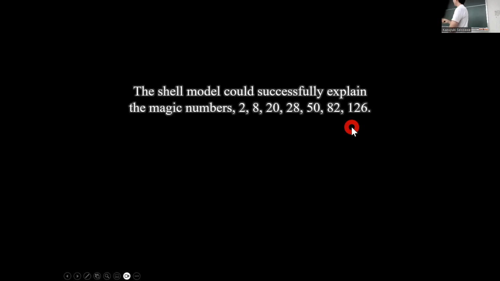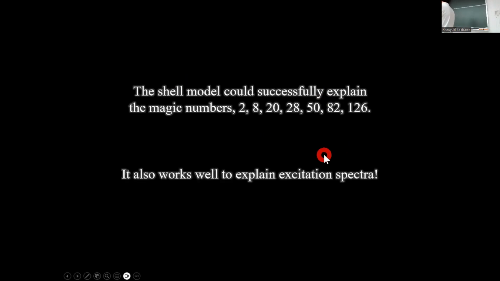I will explain a bit about this and how we can understand excitation spectra based on the shell model. It works pretty well to explain some part of excitation spectra.